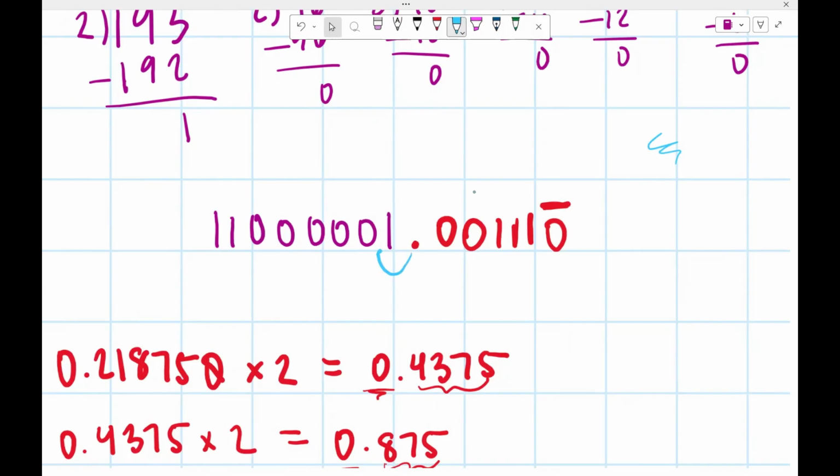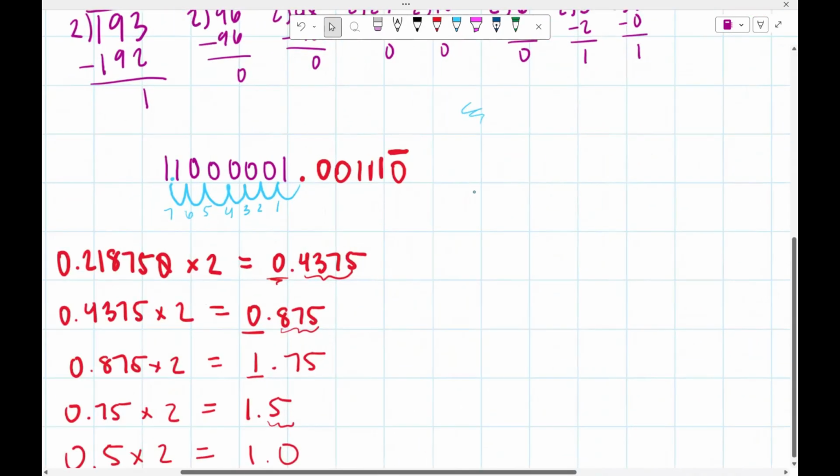So that would be 1, 2, 3, 4, 5, 6, 7, right here. So we'll go all the way until we get to that first one. So I'll just mark it down here. 7.